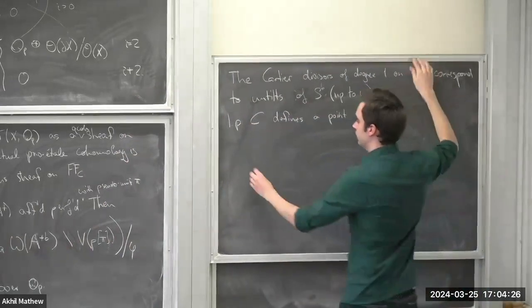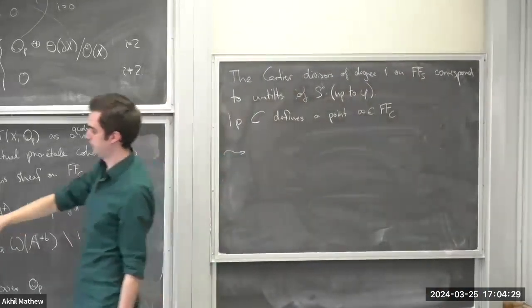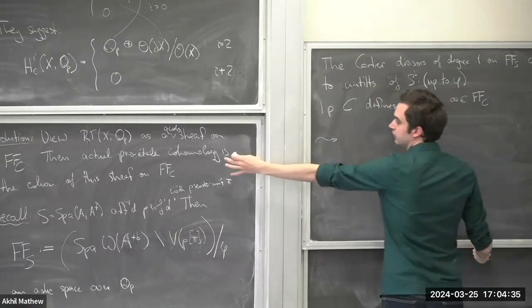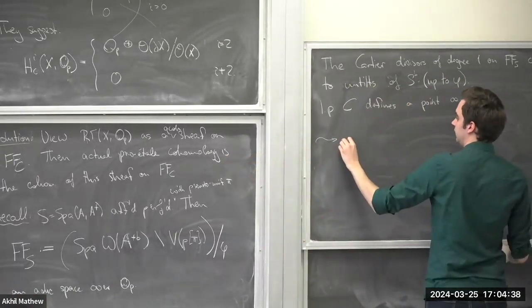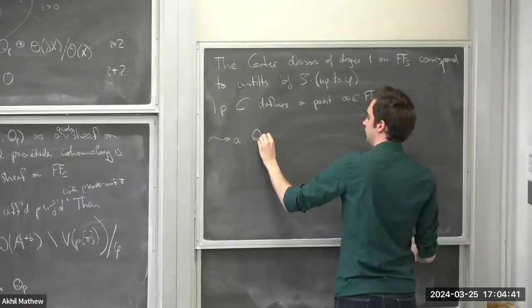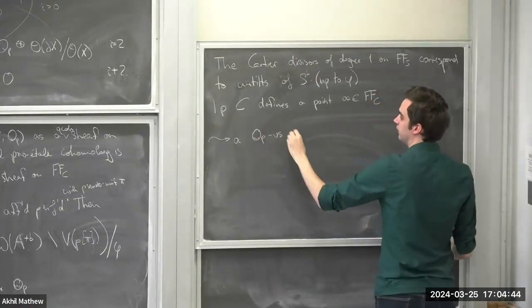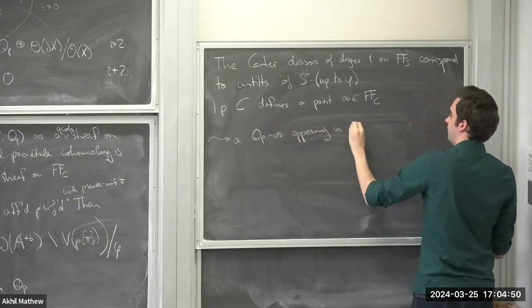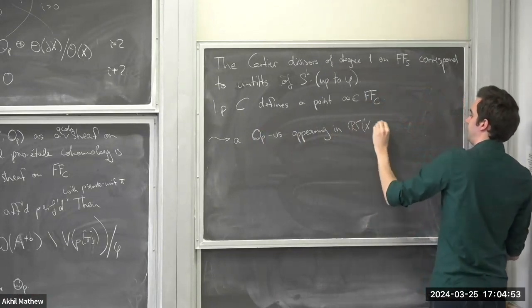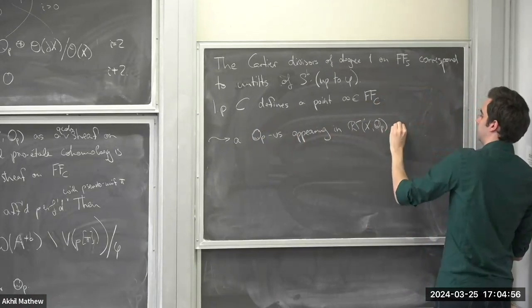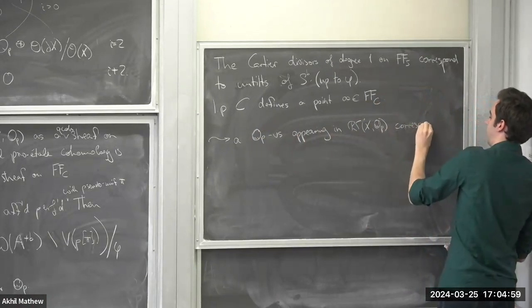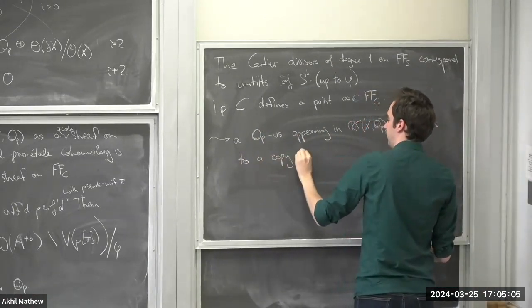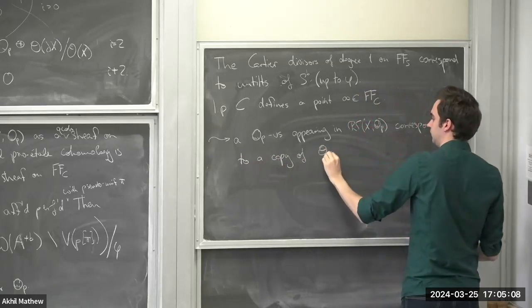Now, how do I explain all this stuff here? Well, in that picture of sheaves on the Poincaré curve, a QP vector space appearing in the cohomology corresponds to a copy of just the structure sheaf on the Poincaré curve.